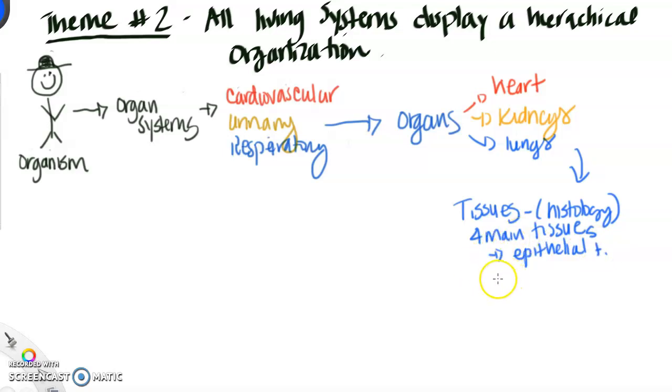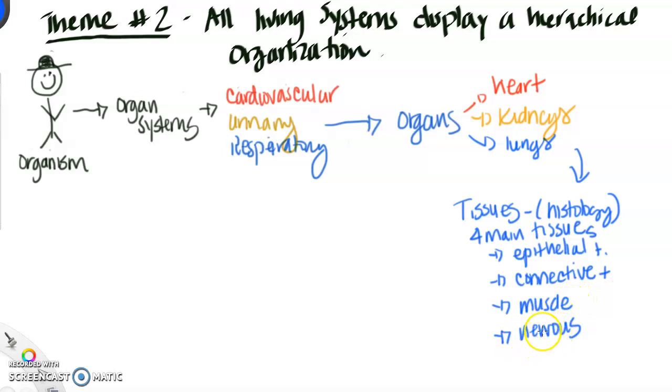It lines stuff. Your skin is an epithelial tissue. It covers your body, so it lines and covers things. We have connective tissue, and there are all kinds of different types of connective tissue. We have muscle tissue, so we can move around and move the things inside our body. And then we have nervous tissue, so these things can communicate and be controlled.